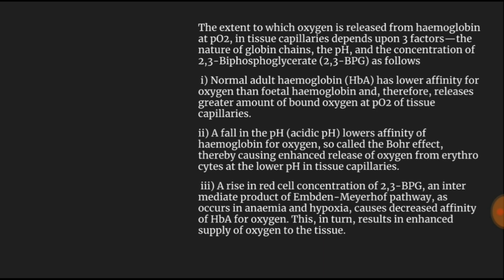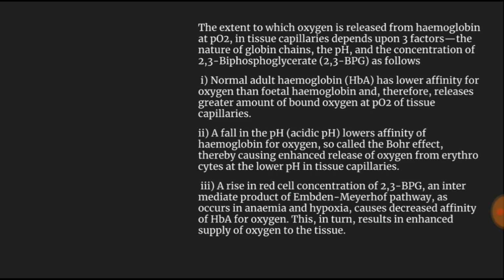Now moving to the third point: a rise in red cell concentration of 2,3 BPG, an intermediate product of the Embden-Meyerhof pathway, as occurs in anemia and hypoxia, causes a decreased affinity of HbA for oxygen. This in turn results in enhanced supply of oxygen to the tissue.